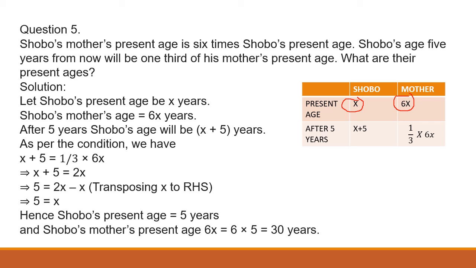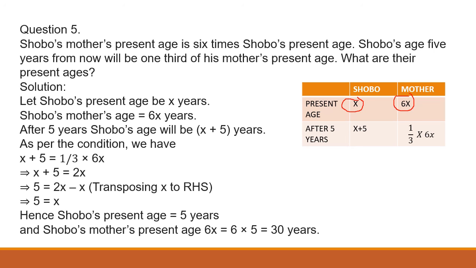Then, Shobo's age 5 years from now will be 1/3 of his mother's present age. Shobo's age after 5 years is x plus 5 years.